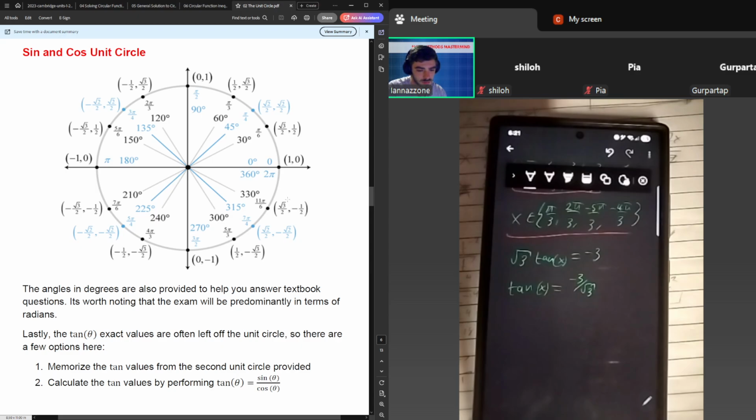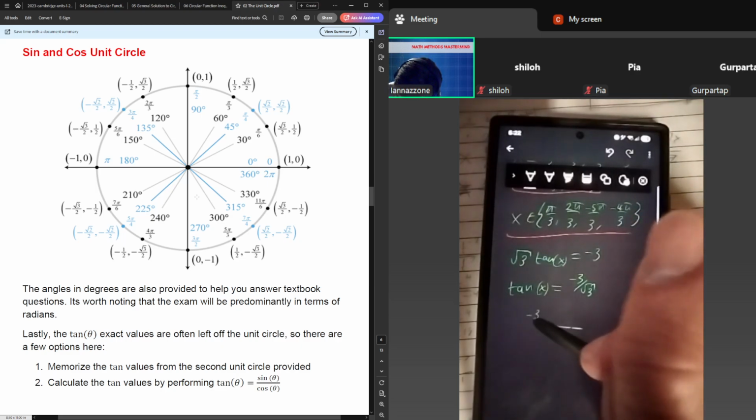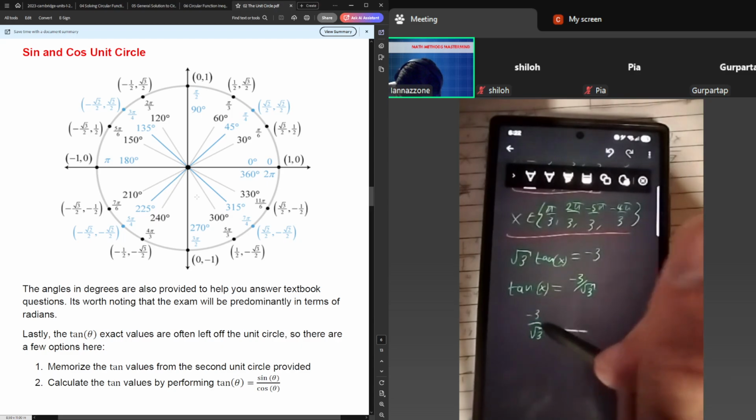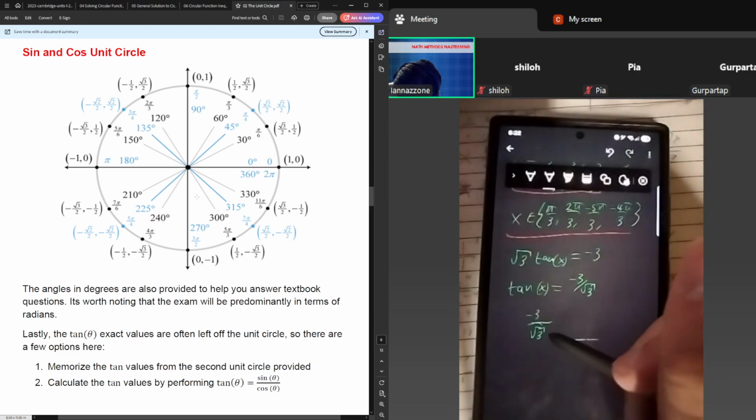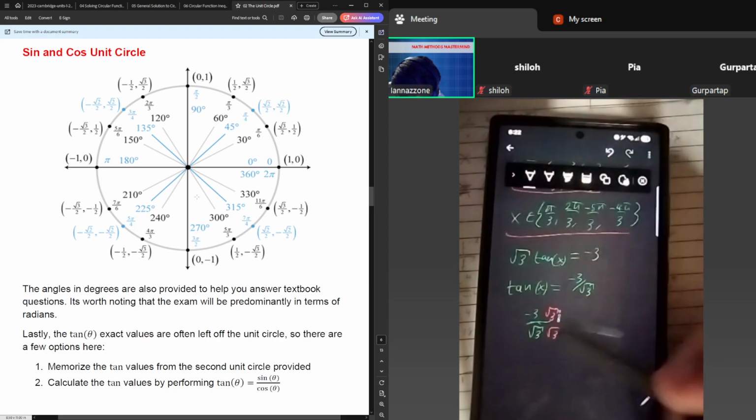There is another method you could use, which is rationalizing the denominator. What that simply means is you multiply the top and bottom of your fraction by the root term. So you take your negative 3 on root 3, and you multiply the top and bottom by root 3. You'll get to a stage where the root 3's will become 3.